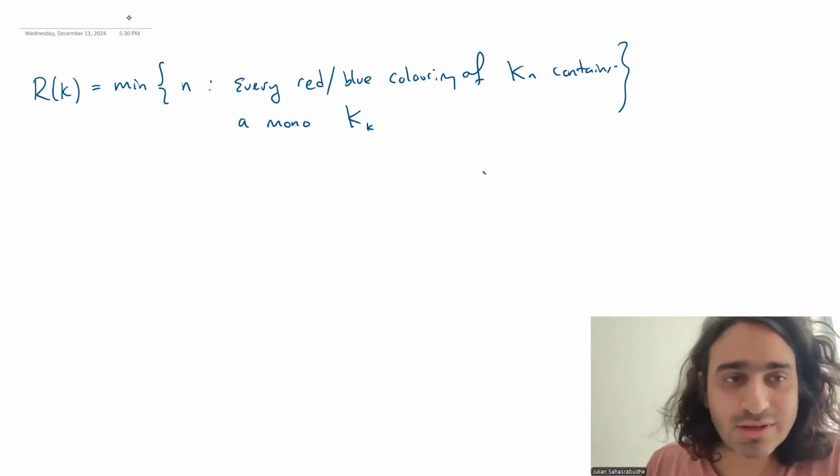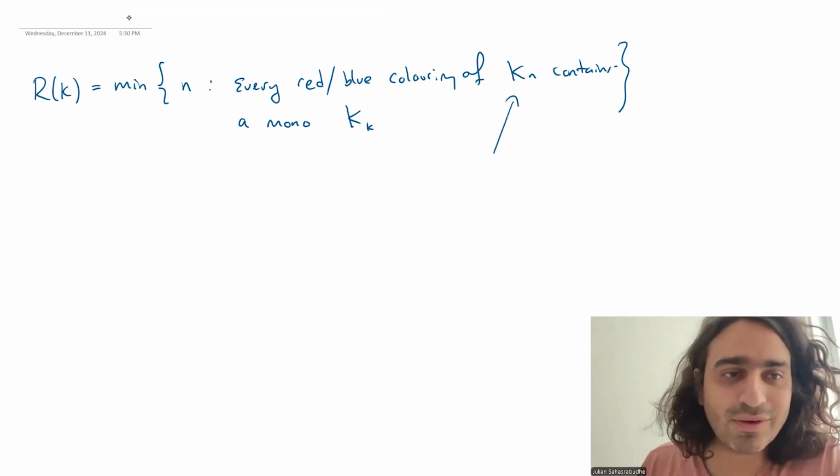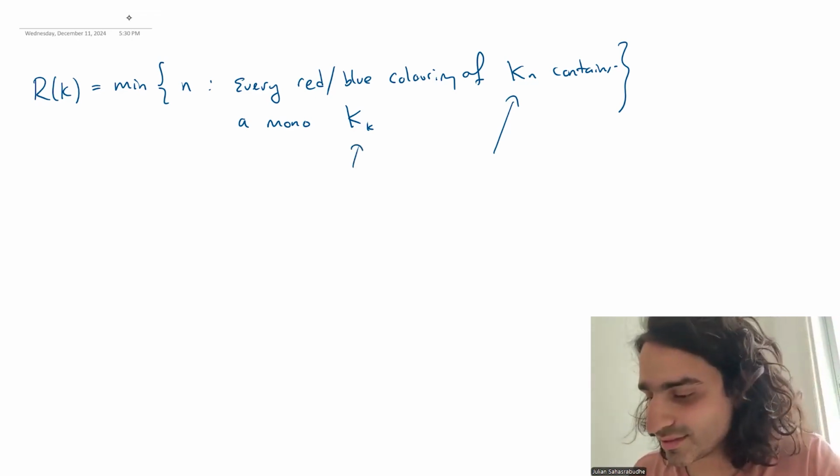And here I've snuck some notation in on you. K_n is the complete graph on n vertices, and of course K_k is the complete graph on k vertices.